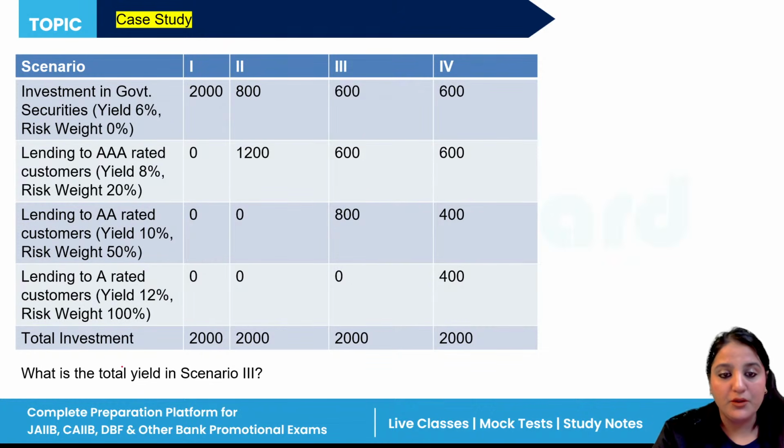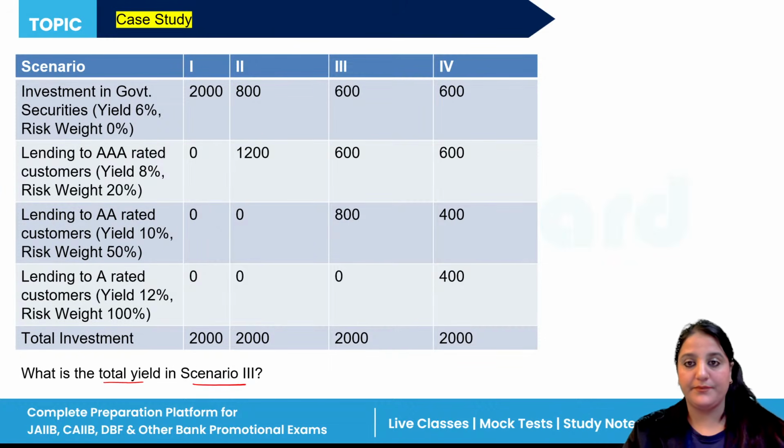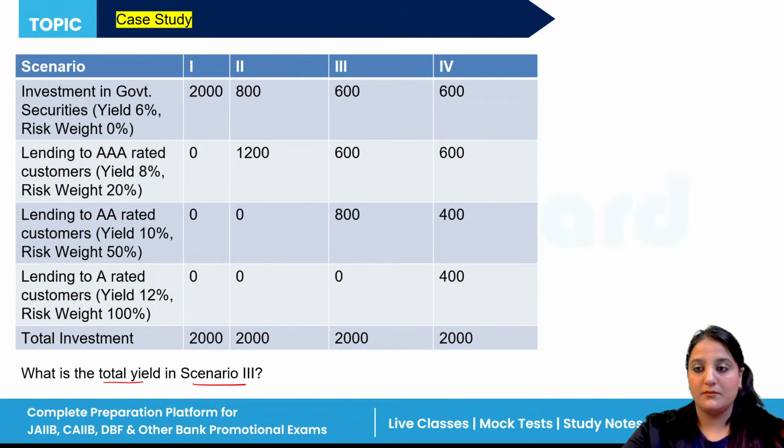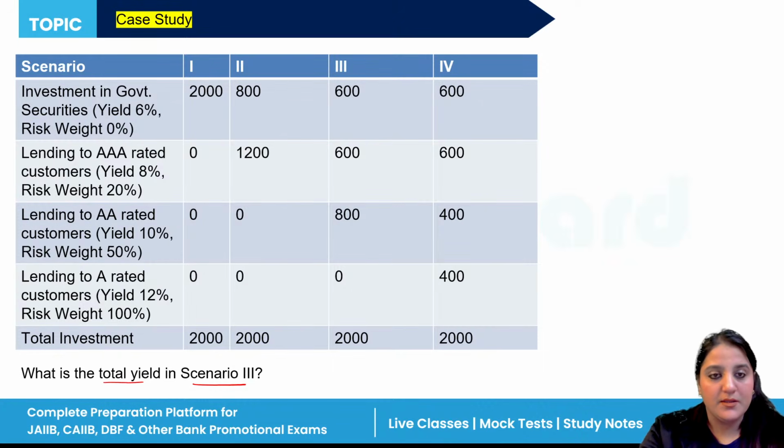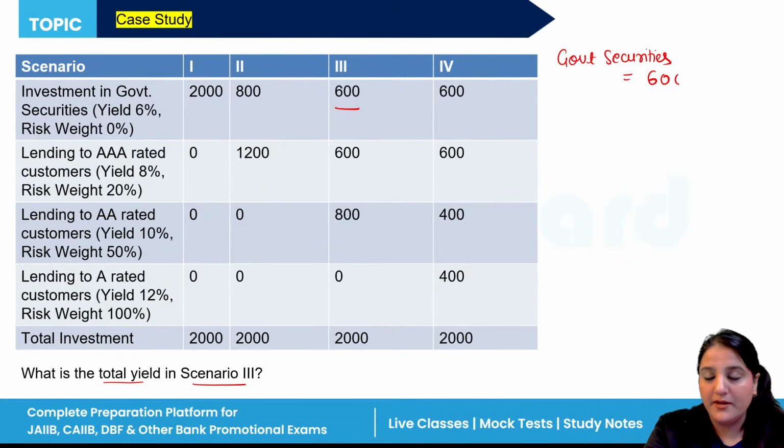In scenario third, the government securities are 600, and the yield is 6%.